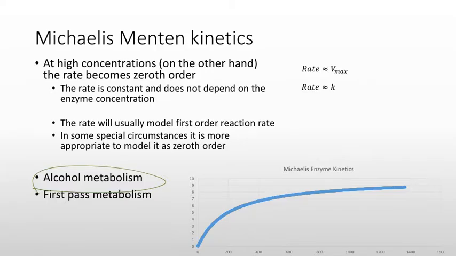It's usually about 1 drink metabolized per hour, and it doesn't matter what the alcohol concentration is in your system. The other situation where you get sort of zero order kinetics is during first pass metabolism. Whenever you've taken a pill, the drug concentration going into the liver is very, very high, and it would saturate many of the enzymes.